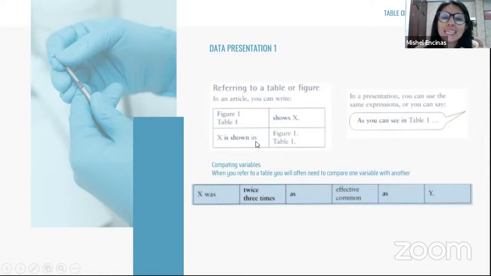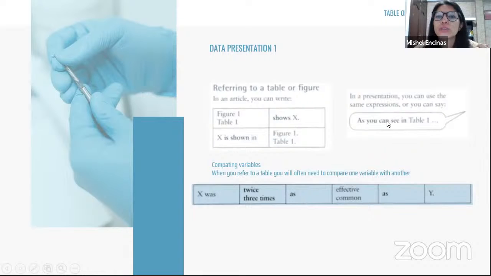You can give a little instruction on the graphic, just here below. You can put X, the thing you will show on the graphic is shown in, and you can write in which page or in which site you found this graphic, okay?